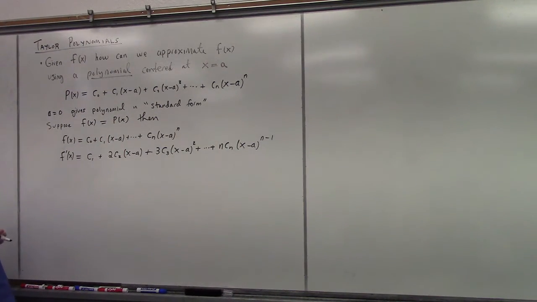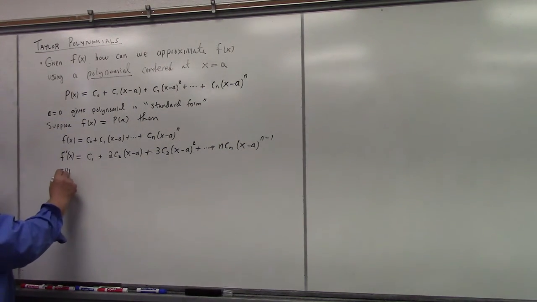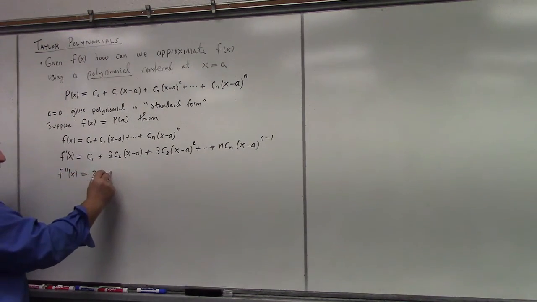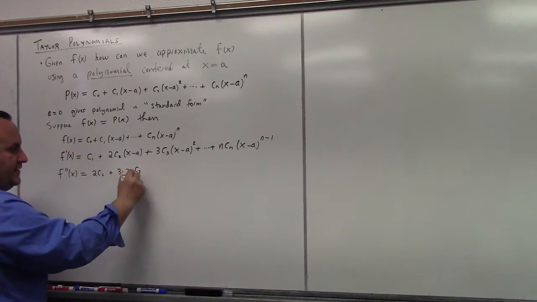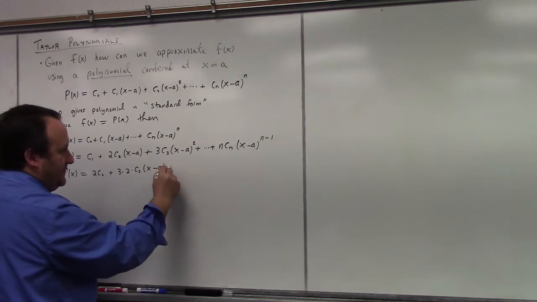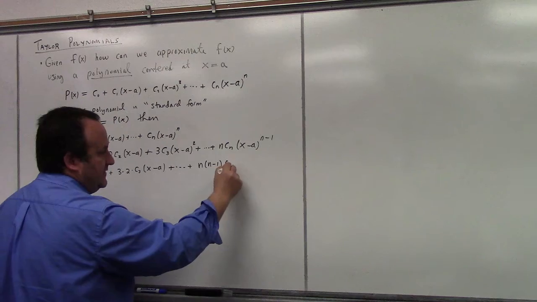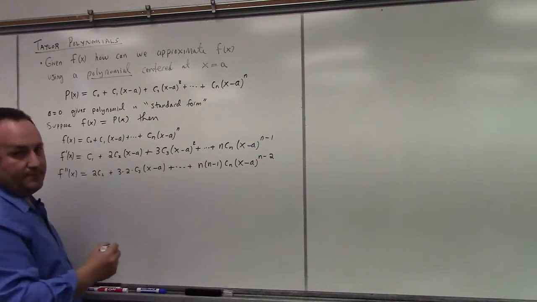Do you guys follow? All right. What happens when we take a second derivative? We get 2c2 plus 3 times 2 times c3 times x minus a, right? And then so forth and so on, n times n minus 1, cn times x minus a to the n minus 2, right?